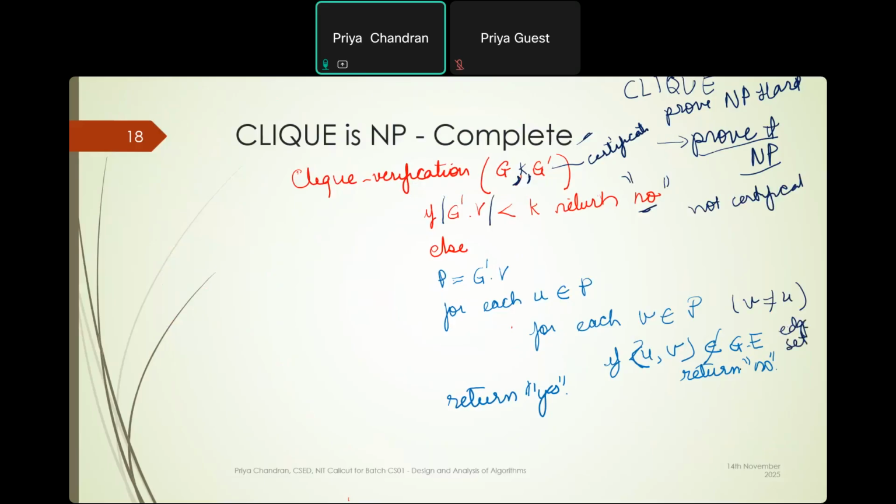If it does not belong, we immediately break and return a no. Now if each of them belongs, it is a clique. So we return a yes. If this algorithm returns a yes, it means that it contains a clique of size K. If it returns a no, it does not mean that the graph does not contain a clique. It only means that the given subgraph is not the certificate to it.